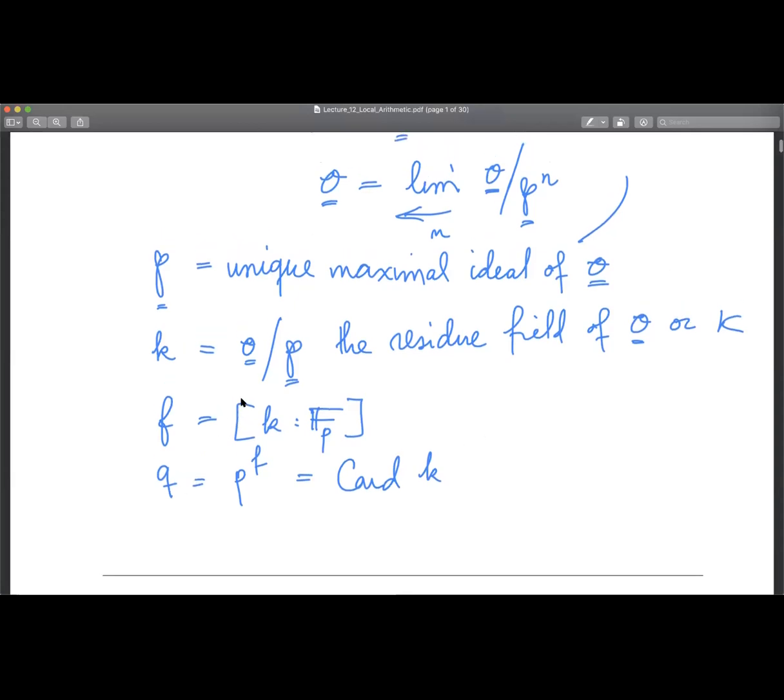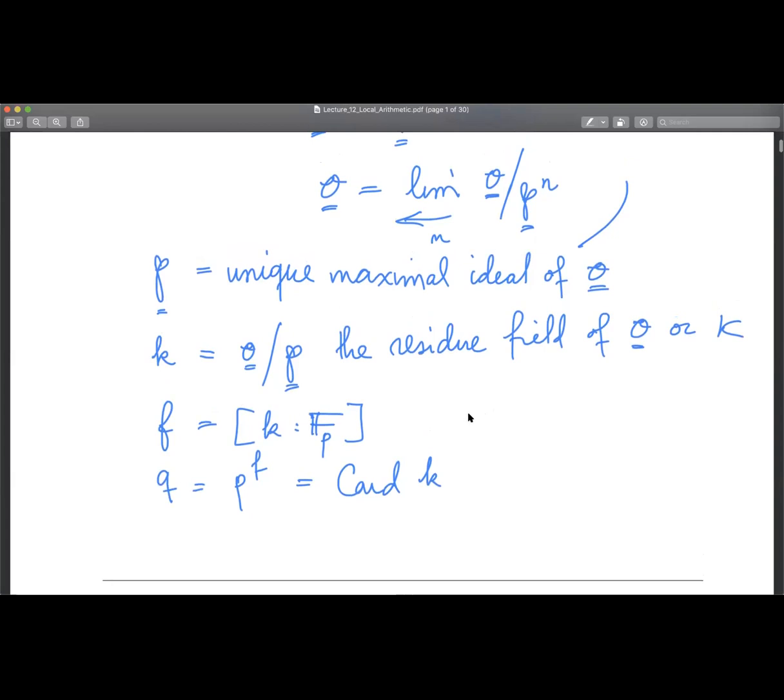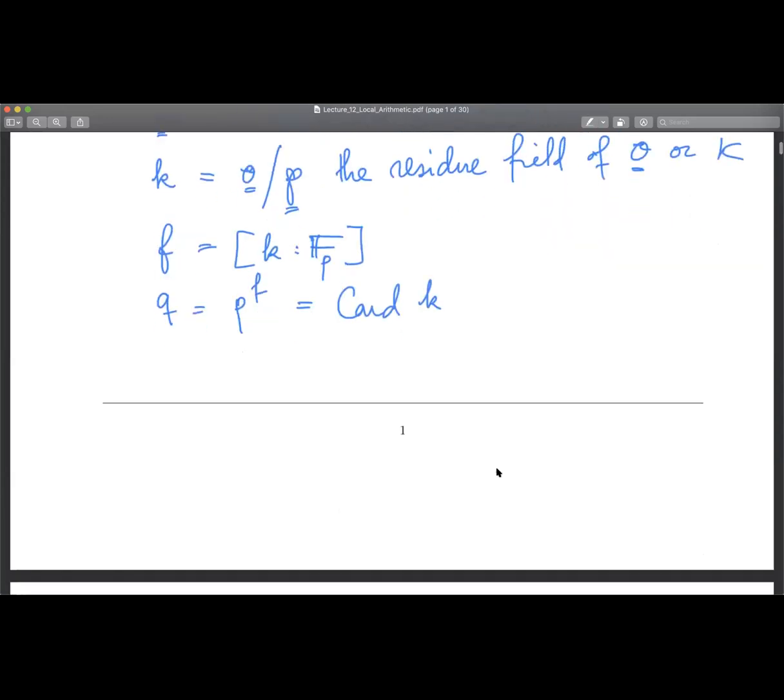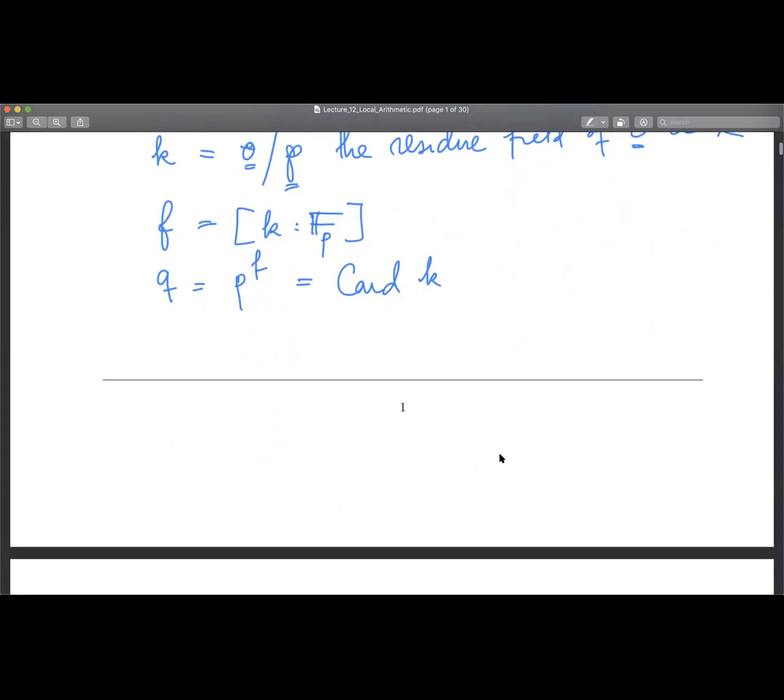We have this notation. We have a P field capital K. O is the ring of integers of that P field. P is the unique maximal ideal. Little k is the residue field. F is the degree of that residue field over Fp. And Q is the cardinality of the residue field. And today, one of the things we are going to do is to prove a structure theorem. What we have just now defined is something abstract.